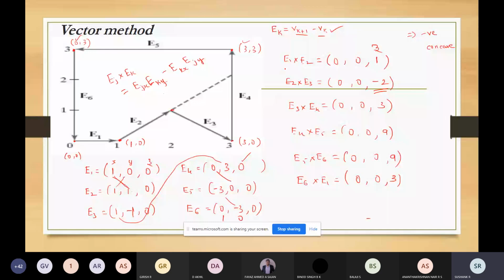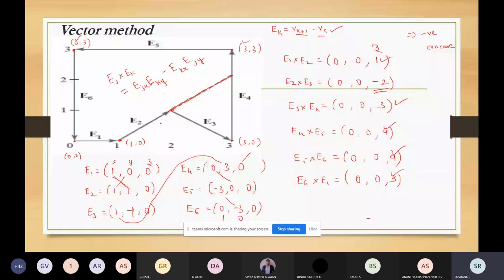But only for E2 into E3, I've got the value as negative. So since the vector product with z component is negative, I can split this polygon along the line E2.